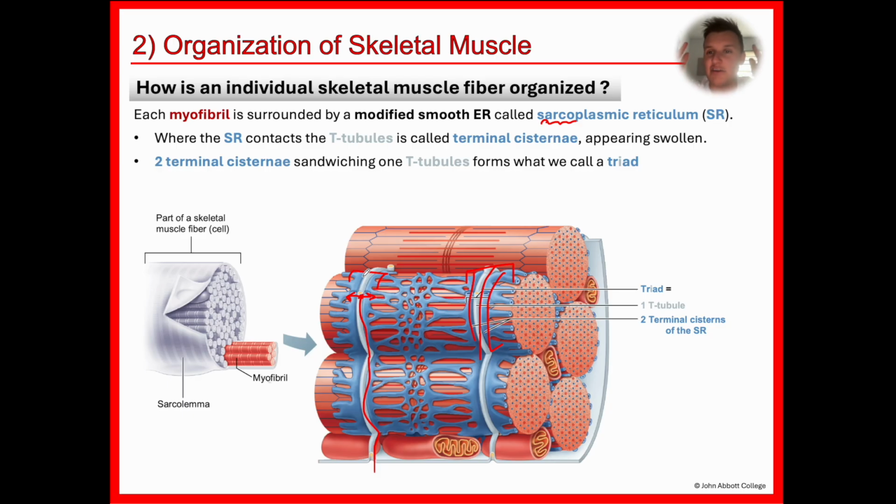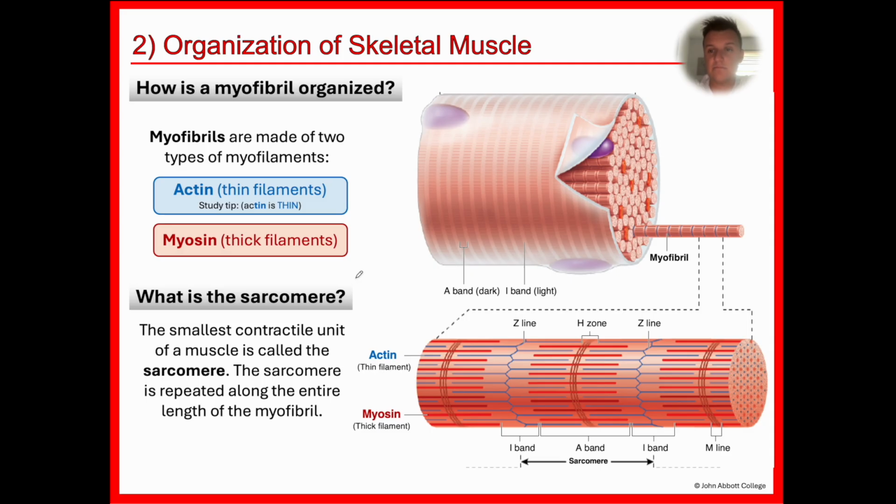I'm giving you a sneak peek of what's happening. When you tell your muscle to contract, that neuron sends a signal down to your muscle, and it will go down deep into the muscle and tell these areas to release calcium that will cause the muscle to contract. We'll see that in a bit.